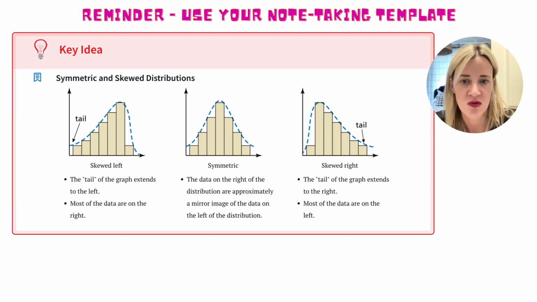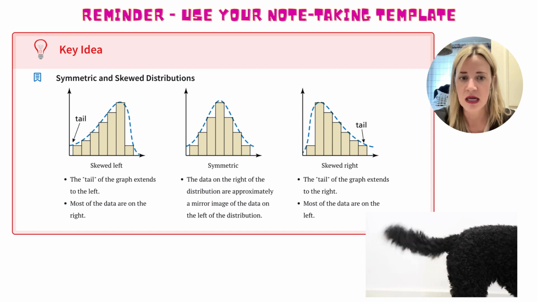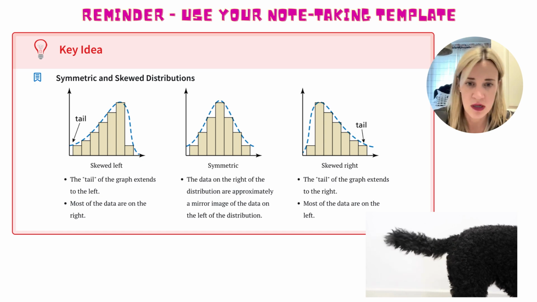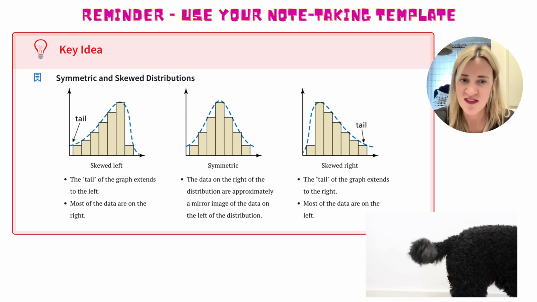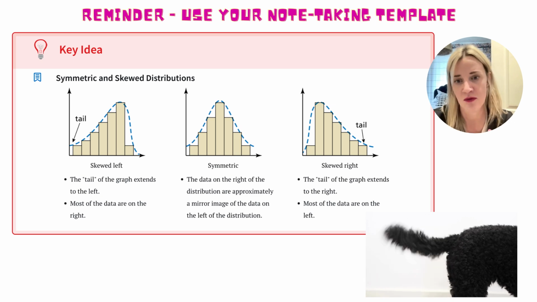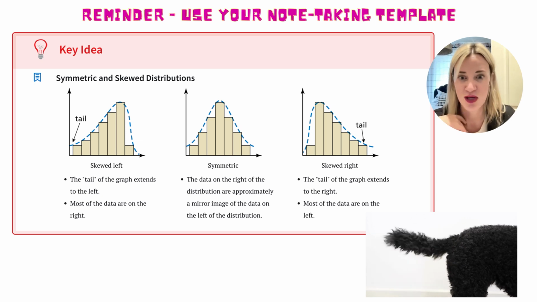Symmetric means the data on the right side of the distribution are approximately mirror images of the data on the left. And then skewed right, the tail of the graph extends to the right, and most of the data are on the left. So it is important to look at where that tail is, how it's skewed, left or right. If the tail's on the left, it's skewed left. Tail's on the right, it's skewed right.